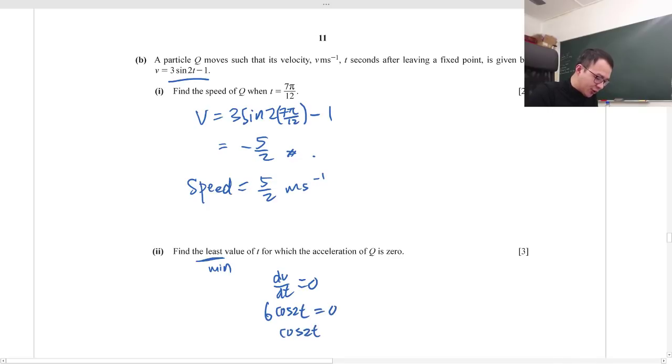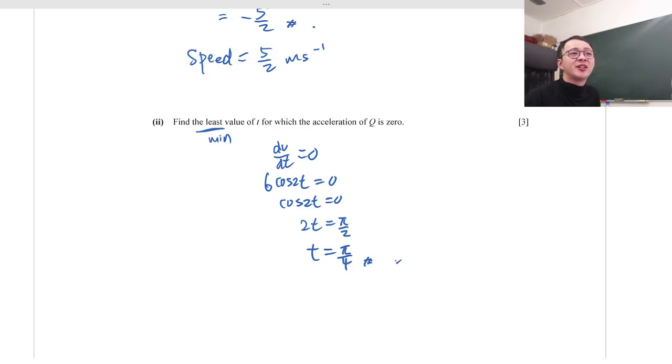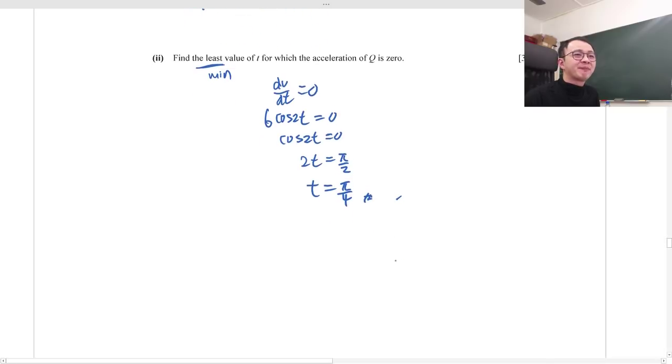So cos 2t equals 0, so 2t should equal pi over 2, and t should equal pi over 4. It's basically quite simple. You just move the cos to the other side and you get the answer. I don't think the mark will be deducted if you don't write any unit, so I guess it should be okay.